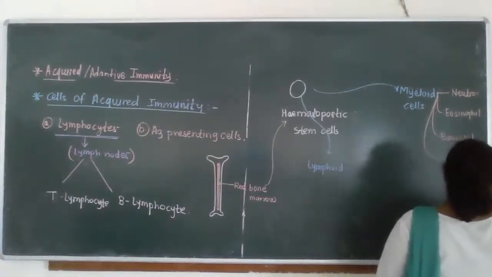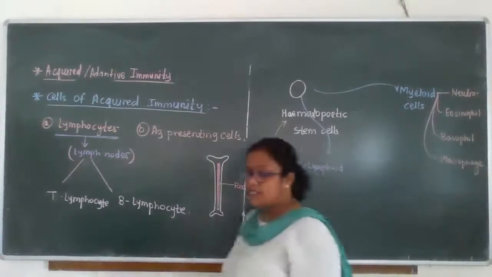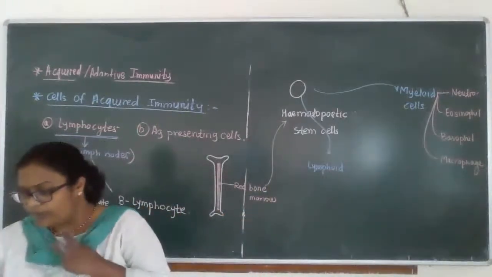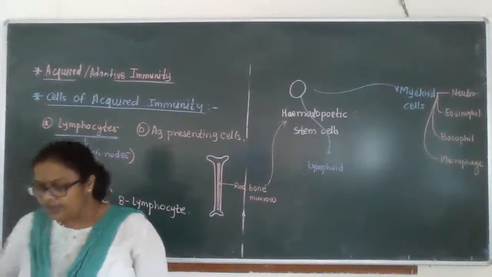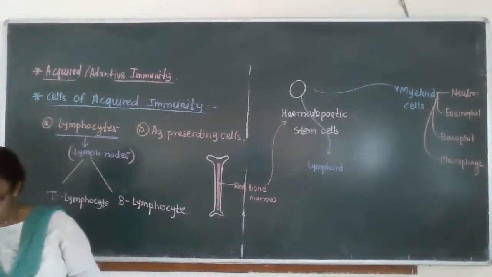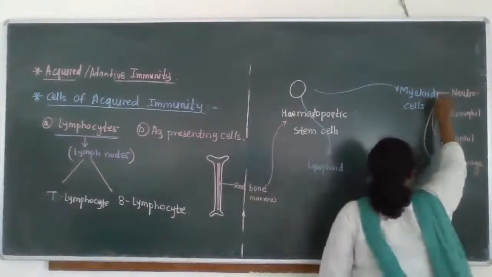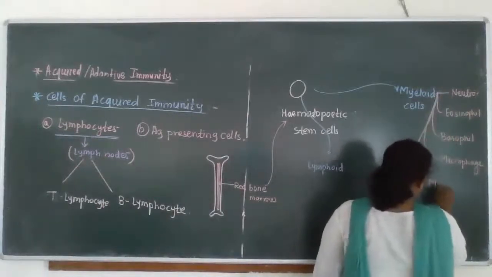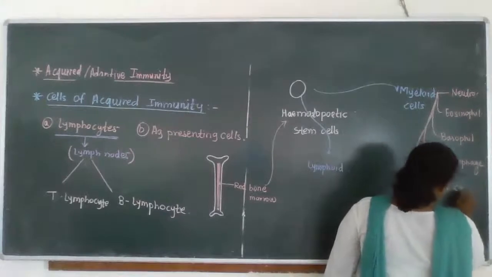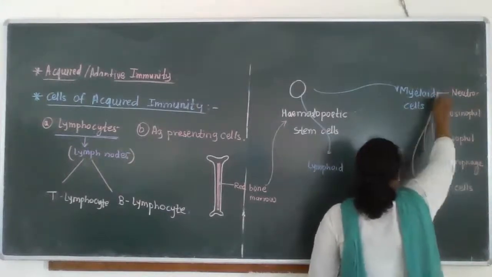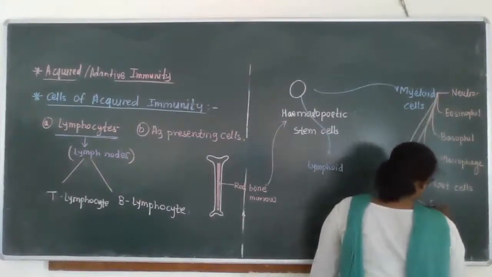Myeloid cells especially form neutrophils, eosinophils, basophils, and even mast cells and erythrocytes.